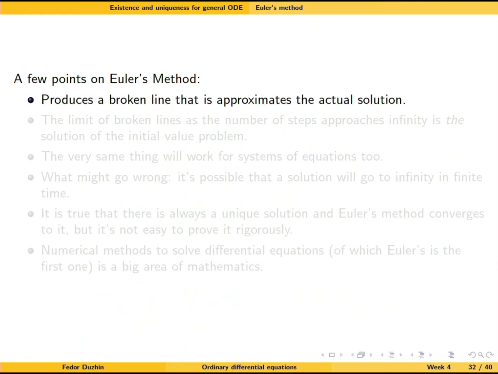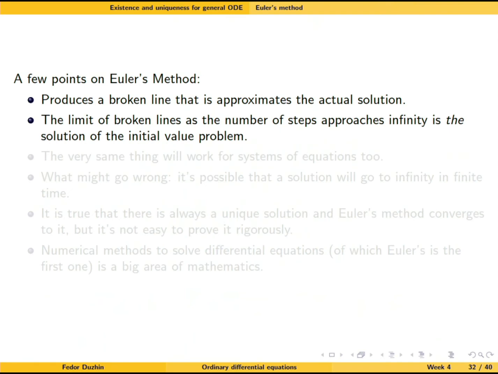So, and this is called Euler's method. So Euler's method is the following. It is a method of consecutive approximations to the actual solution, and each approximation is a broken line, a piecewise linear function. And if we take the limit as the number of steps approaches infinity, then this limit is the solution of the initial value problem. But of course, the limit is unique, so we expect that the solution of the initial value problem is unique.